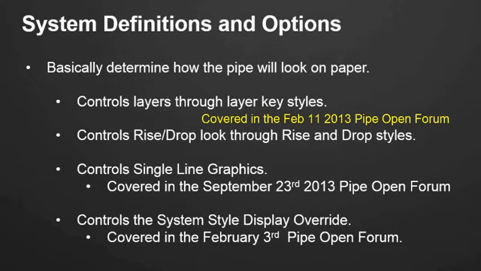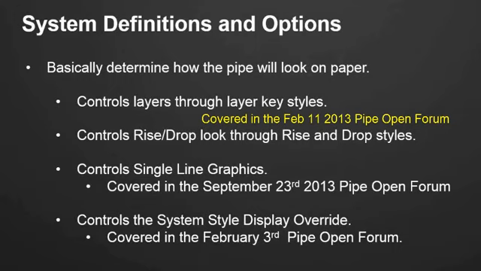And if it doesn't find the layer in your drawing, it'll go ahead and create it using those settings. If you start your pipe add command and choose your system, and it looks to see if that layer is already defined in your drawing, and it is defined, then it will do nothing else. So even if the layer in your drawing has settings different than what's in the layer key style, it doesn't care. All it looks to do is see if that layer exists.